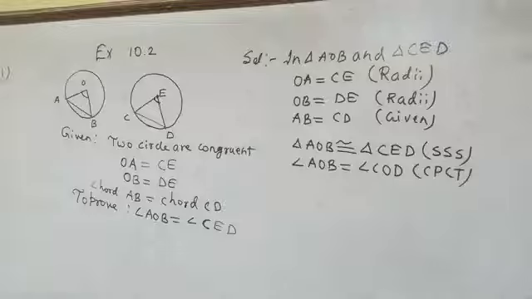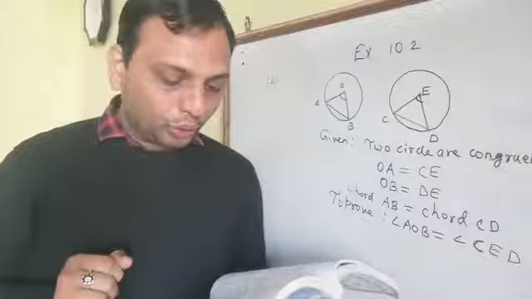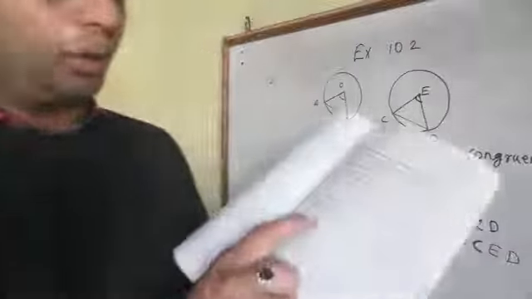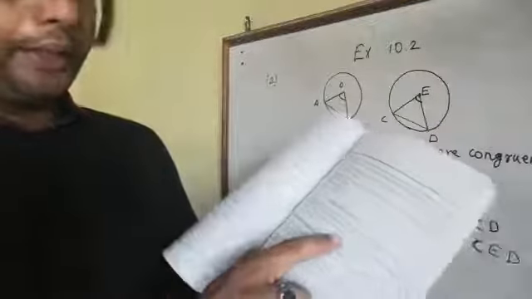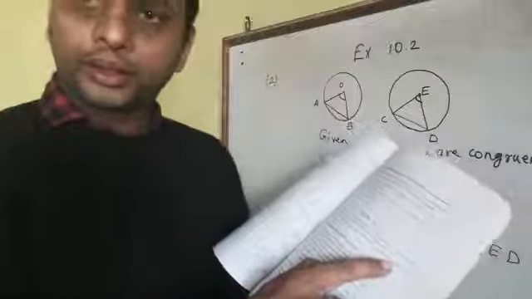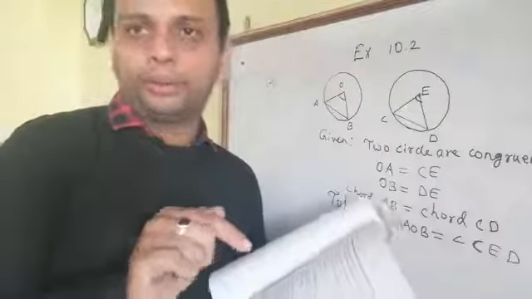Now we will solve the second question from this exercise. The second question says the opposite of the first one. It says that if the chords of concurrent circles, meaning the two circles are concurrent, subtend equal angles at the center, then the chords will be equal to each other.